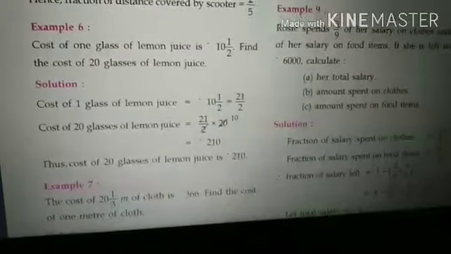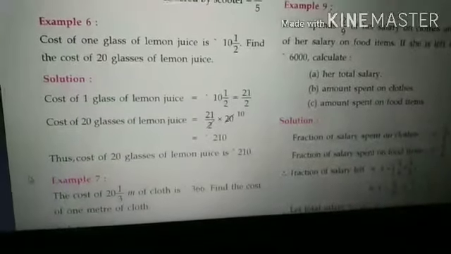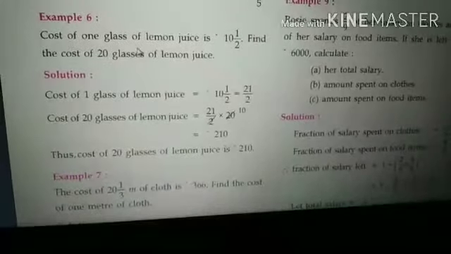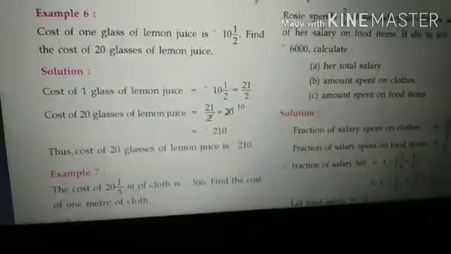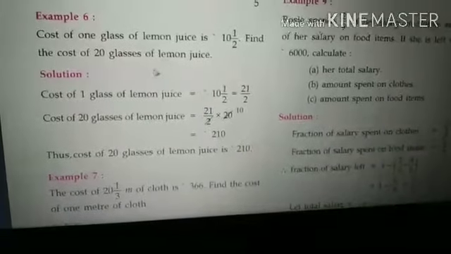Example number 6. The cost of 1 glass of lemon juice is 10 and 1/2. Find the cost of 20 glasses of lemon juice.